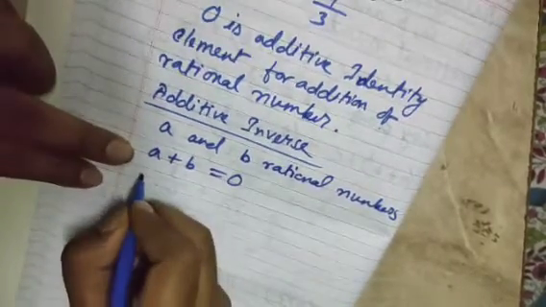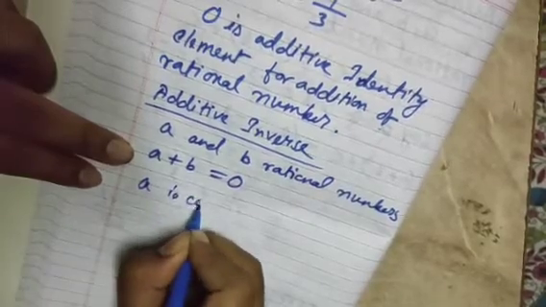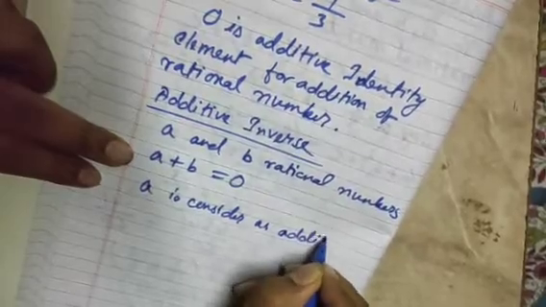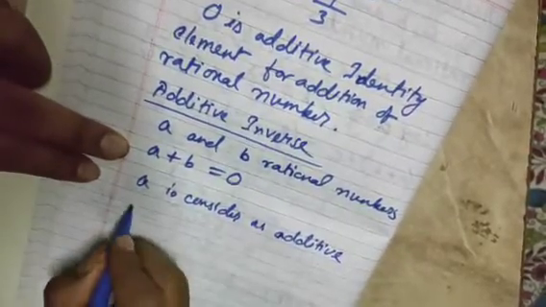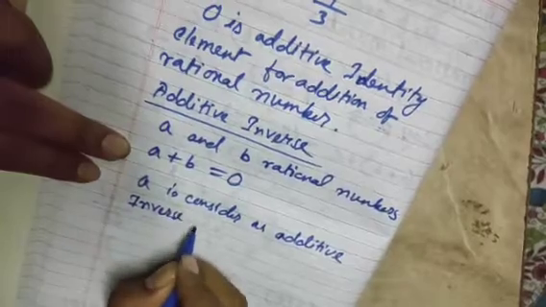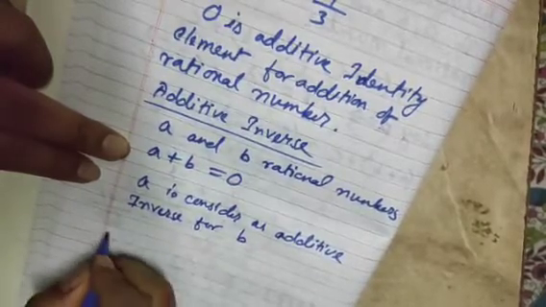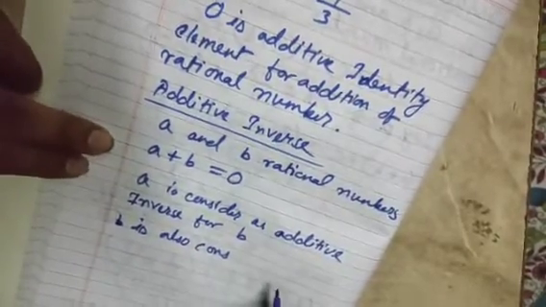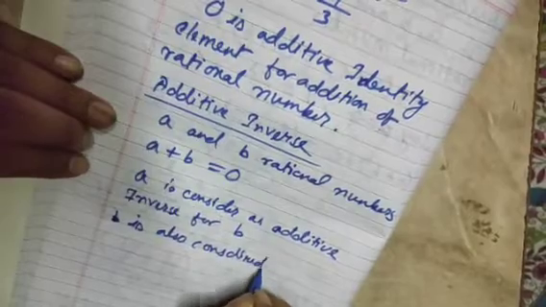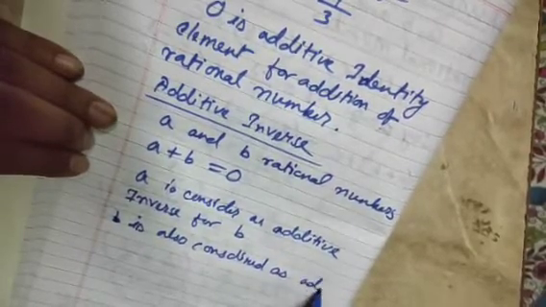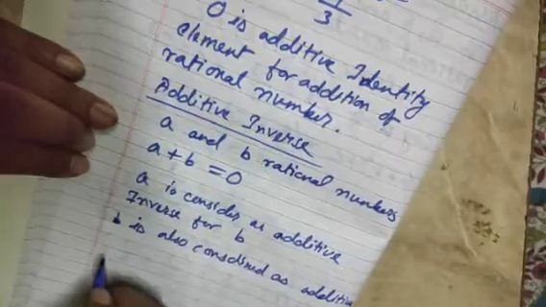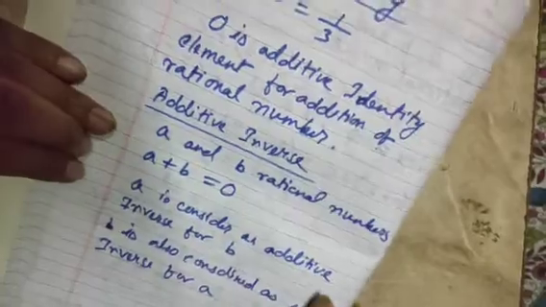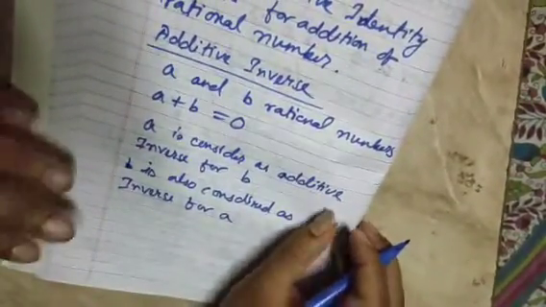That means here a is considered as an additive inverse for b, and similarly b is also considered as an additive inverse for a. So for that we are going to give an example.